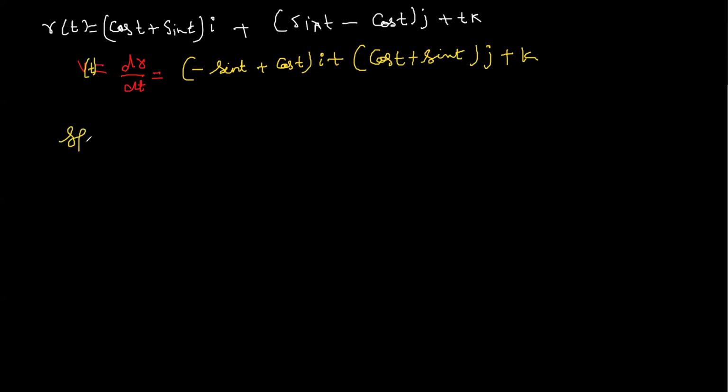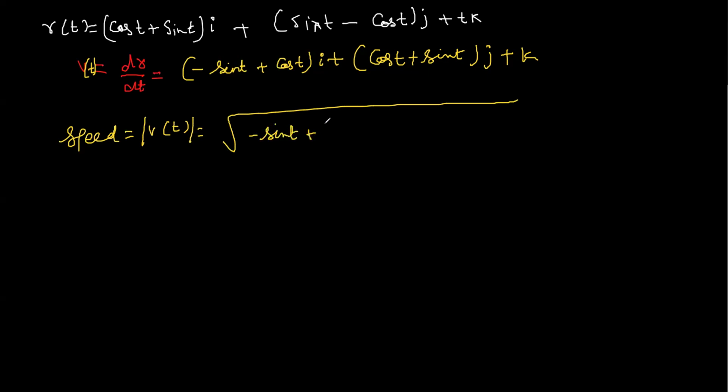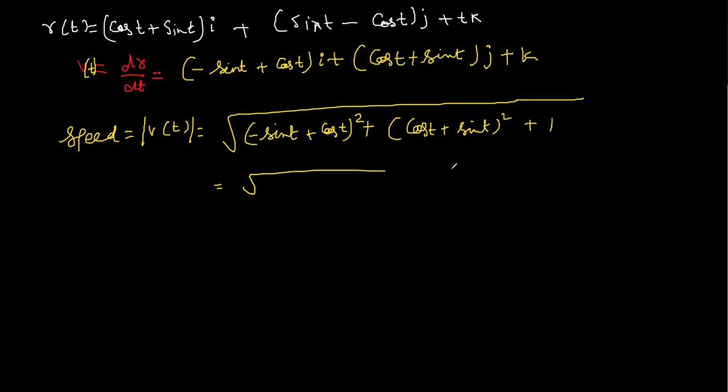What will be the speed? The modulus of velocity vector, right? Minus sin t. Square of each component and take root. Open the bracket: a square plus b square minus 2ab.